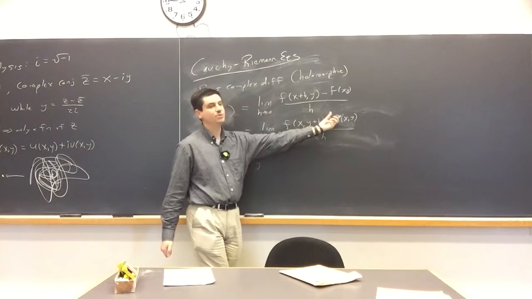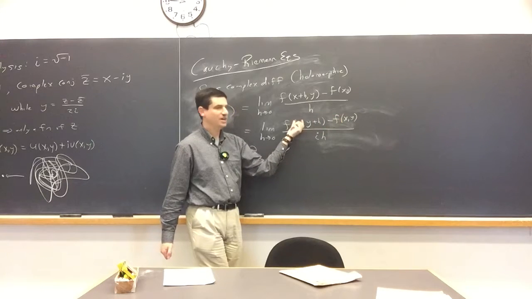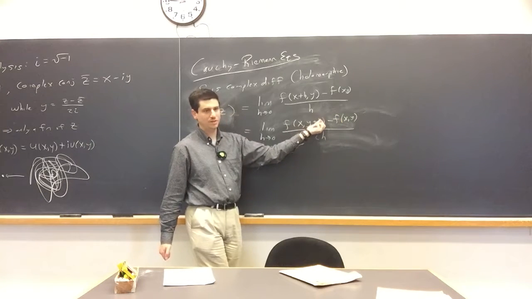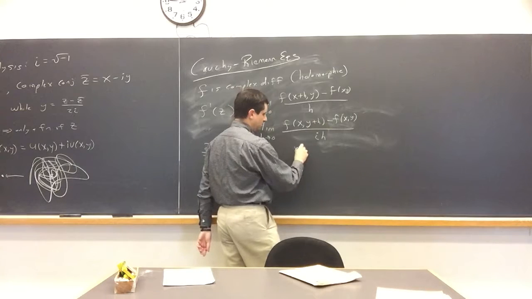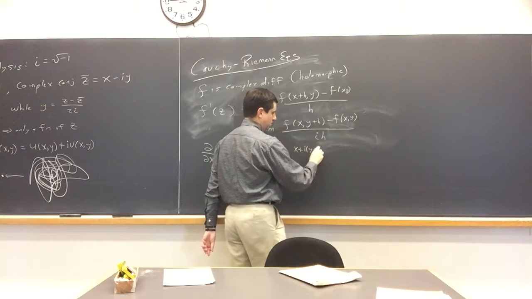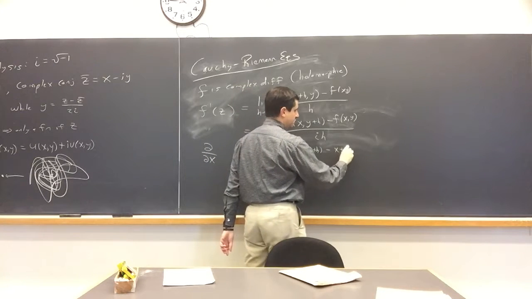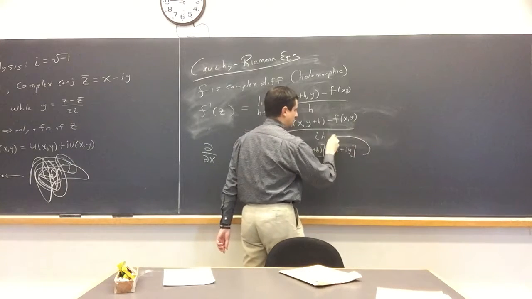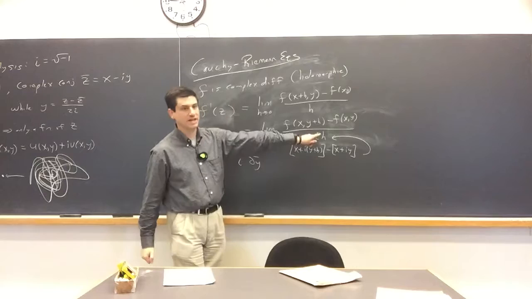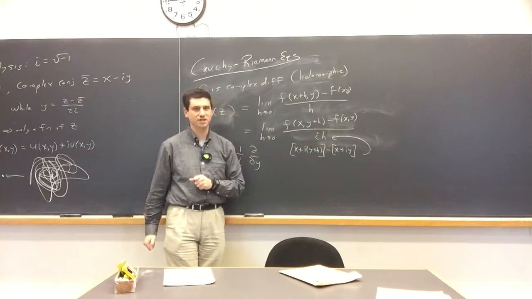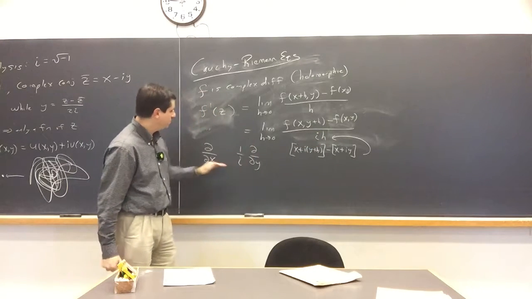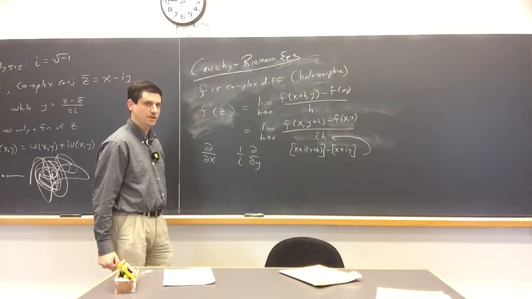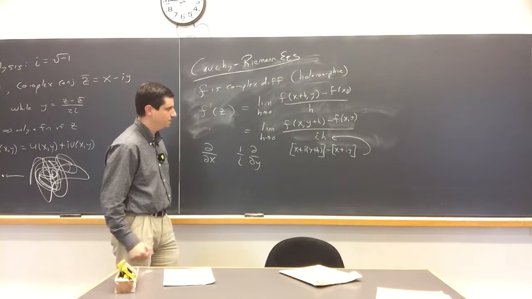Because I'm looking at the difference between the two points. The points are x plus i(y plus h) minus x plus iy. That's what comes in over here. That's why this is really an ih and not just an h. So I'm really applying these two operators. And these two should be giving me the same result.